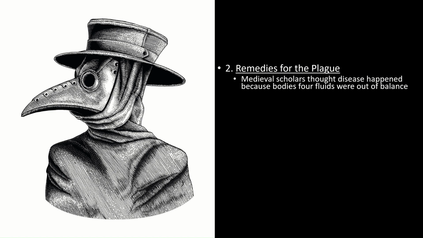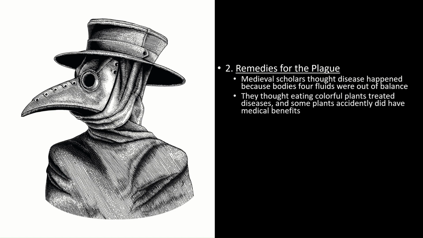But anyway, bottom line is, when these four fluids in the body got out of balance, they thought, oh, that's what caused the disease. Their fluids are out of balance, or their what they called humors were out of balance, all right? And one of the things that they thought was eating different colored plants for specific reasons would cure diseases. So let me give you an example.